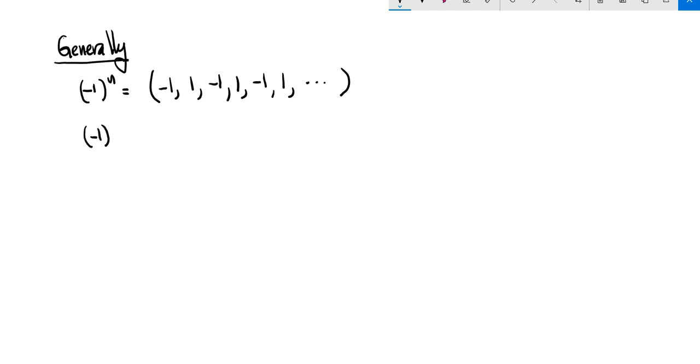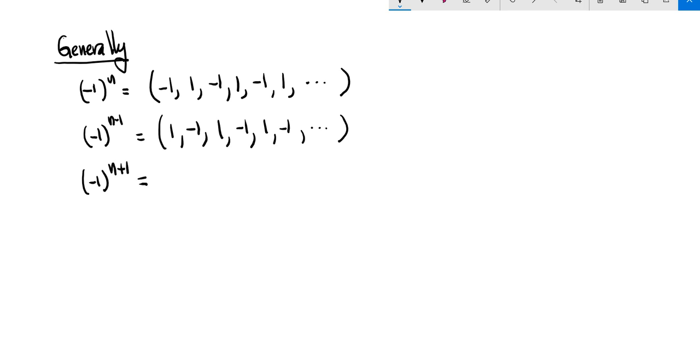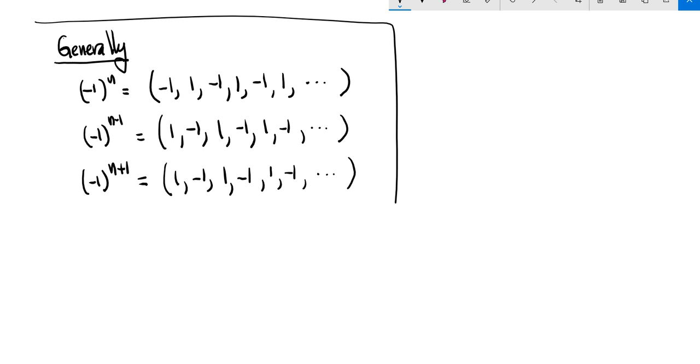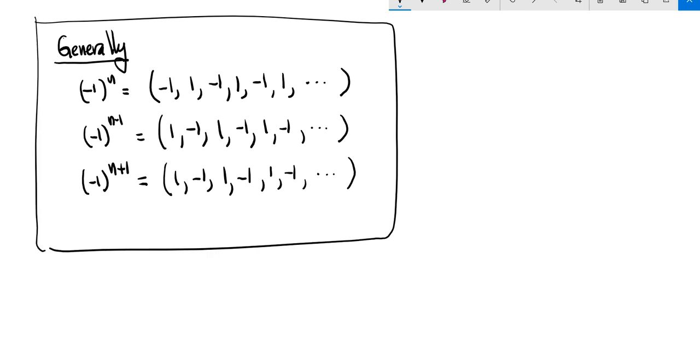And if you have negative 1 power n minus 1, if n is 1, we get 0, so it will be 1, negative 1, 1, negative 1, 1, negative 1, and so on. And negative 1 power n plus 1, if n is 1, we get 2, so negative 1 squared is 1, negative 1, 1, negative 1, 1, negative 1, and so on. Okay, so generally, this is the behavior that we have when you are taking powers of negative 1.